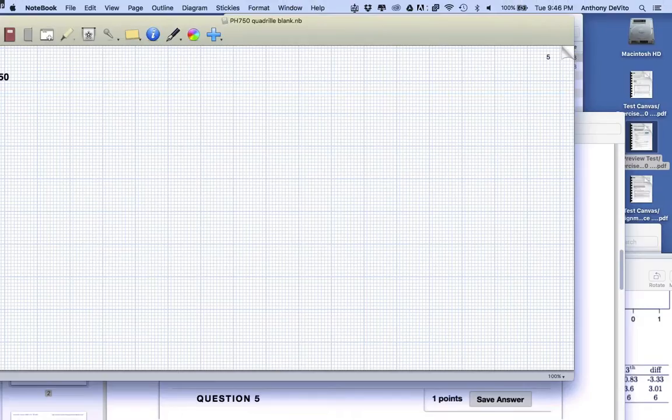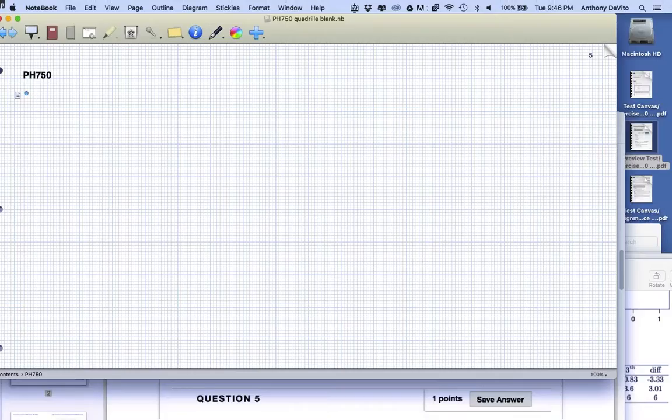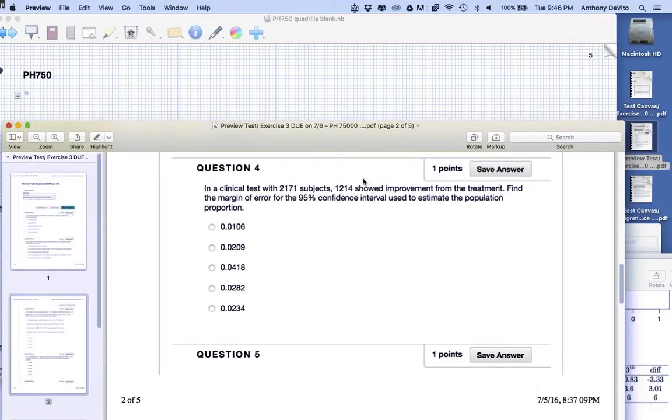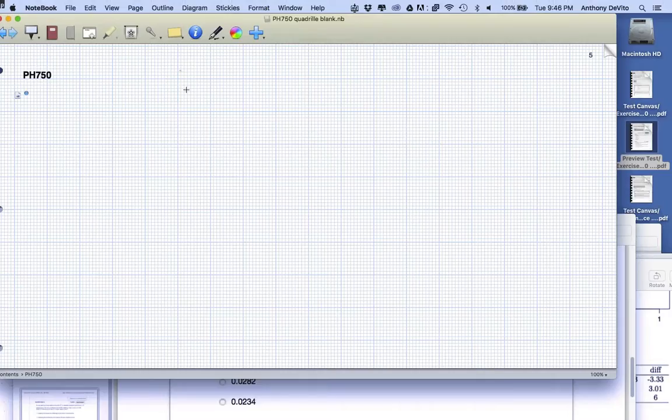So now this is just an example where, instead of dealing with means of two groups, we're dealing with proportions. In this problem, we took a sample of 2,171 subjects, and 1,214 of them showed an improvement from a treatment. So I'm going to copy that for starters.